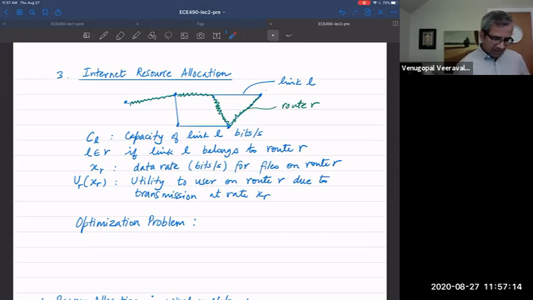Based on the data rate at which you carry those files, you get a certain utility. For example, if you're watching streaming video, if you get a higher data rate, you get a higher quality video. So your utility will be higher, right? All right. So the optimization problem is to maximize the sum total utility across all routes.